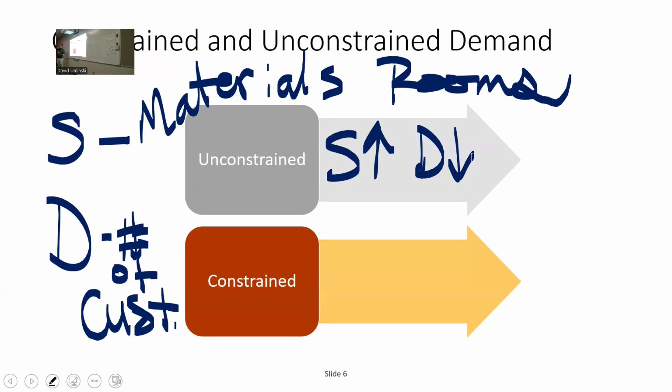Meaning we've got a ton of rooms available, but there's nothing going on in our city that's going to have people booking our hotel rooms. Constrained is when our supply is low, our demand is high. We have a limited number of hotel rooms, and a lot of people that want those hotel rooms.